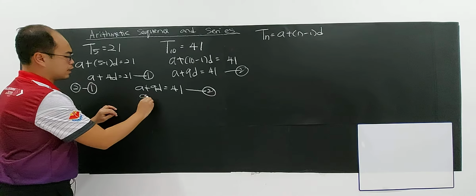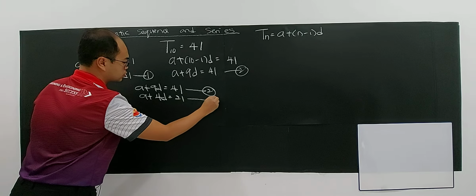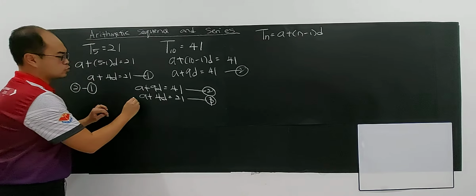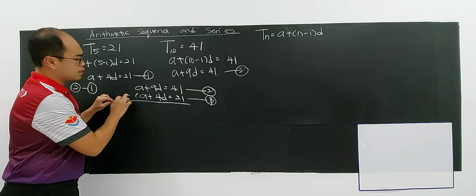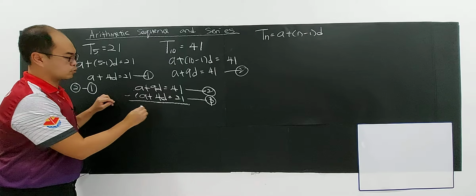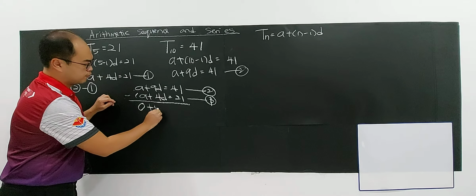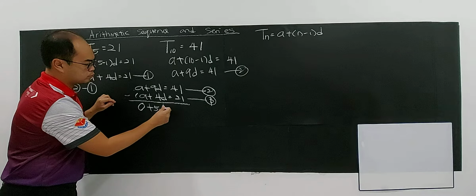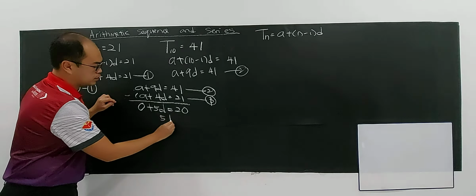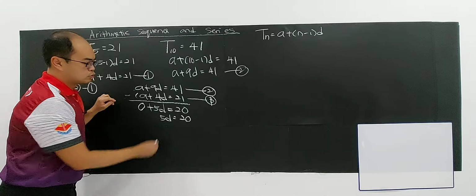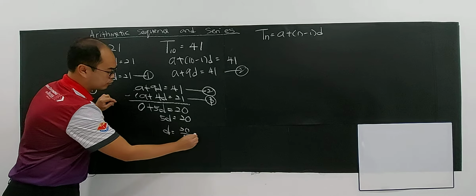So a + 9d = 41 minus a + 4d = 21. A minus a is 0, 9d minus 4d is 5d, which equals 41 minus 21, which is 20. So 5d = 20, and the common difference is 20 divided by 5, which is 4.